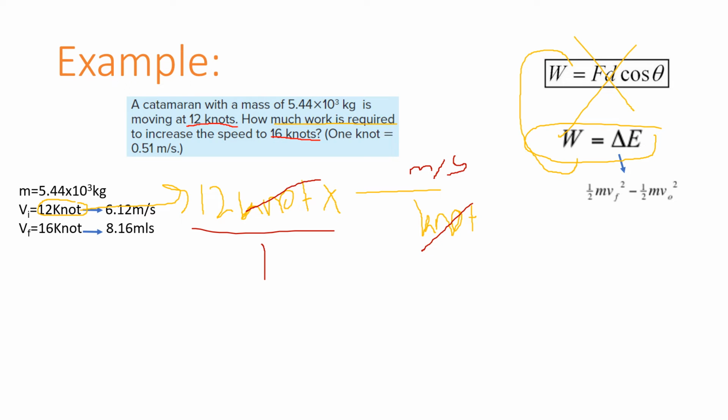We know that 1 knot equals 0.51 meters per second, and then you will get 6.12, and we do the same for the final velocity.